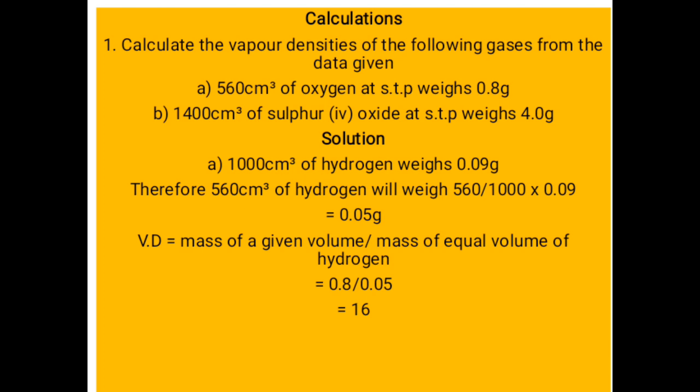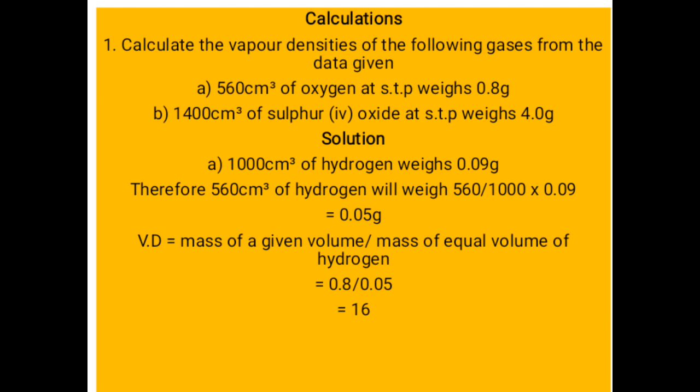For A, you are going to find the mass of hydrogen when it also weighs 560. The mass given in the question is when the oxygen weighs 560; the mass is 0.8 grams. Because in the formula of vapor density, we have mass of that gas over mass of equal volume of hydrogen.